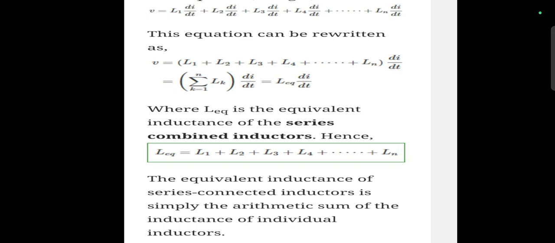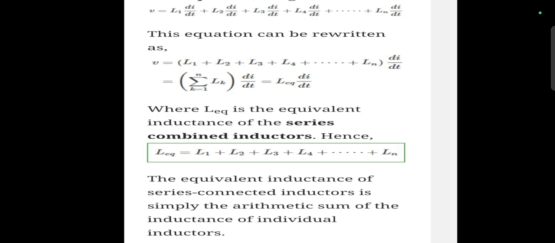Let us discuss the rewritten equation. This equation can be rewritten as V is equal to L1 plus L2 plus L3 plus L4 and so on, plus Ln, into di by dt. Mathematically this can be represented as the sum from k equal to 1 to n of Lk into di by dt, which is equal to Leq di by dt, where Leq is the equivalent inductance of the series combined inductors.